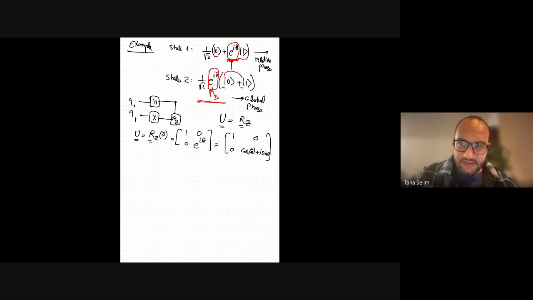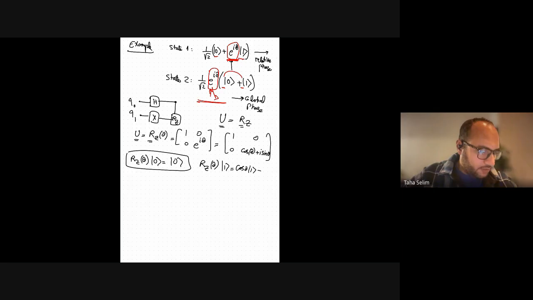Okay, so that's great. So now let's check the action of RZ of theta acting on ket 0. If I do that, I will get the same ket 0. So you can evaluate it by hand and check if I got it correctly or I had a typo, but this is the action. If I have RZ of theta acting on 1, this will give me cosine theta 1 plus i sine theta 1.